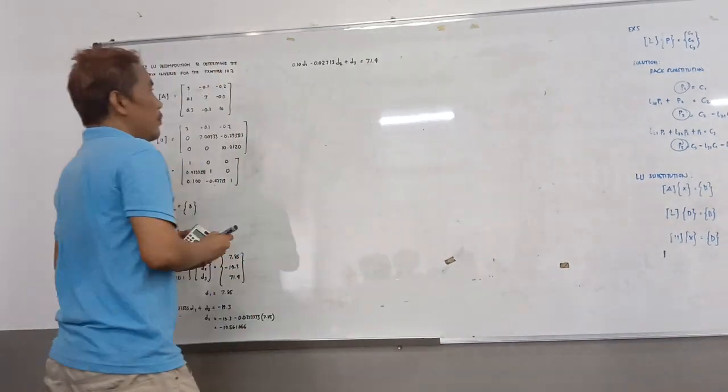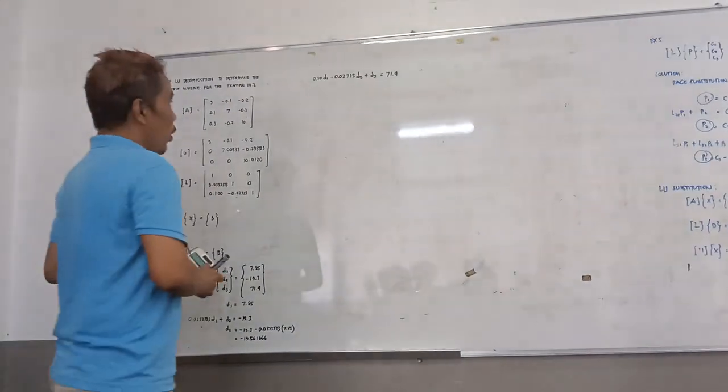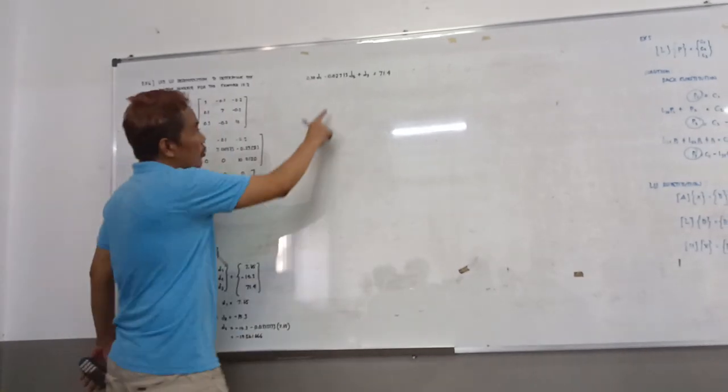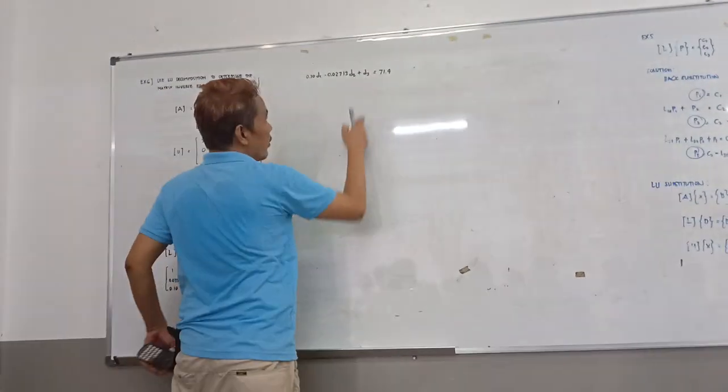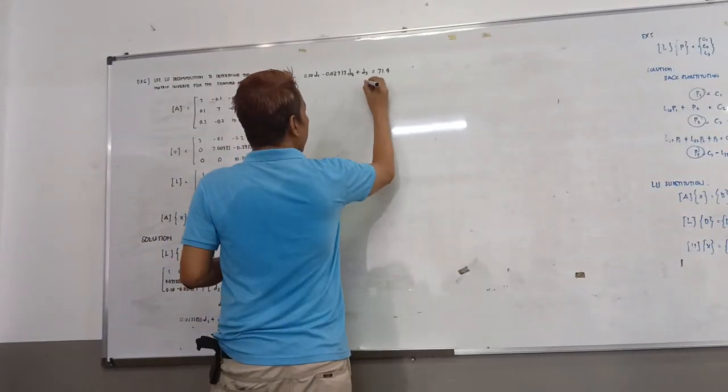We already know the values of D1 and D2, so we substitute and then we can find the value for D3.